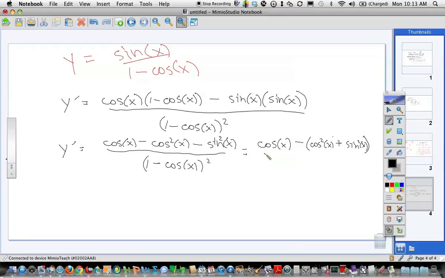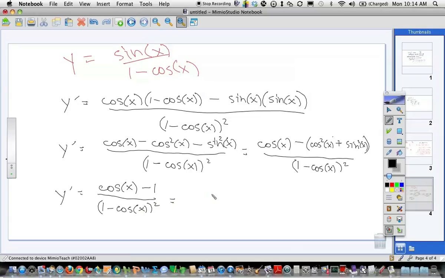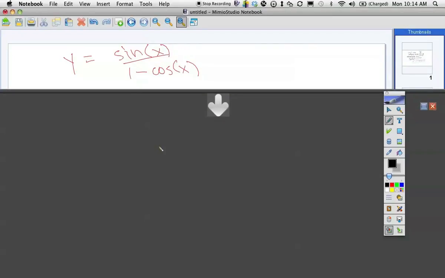Yeah, so it's minus. Okay, so a cosine over a negative cosine would then cancel out.